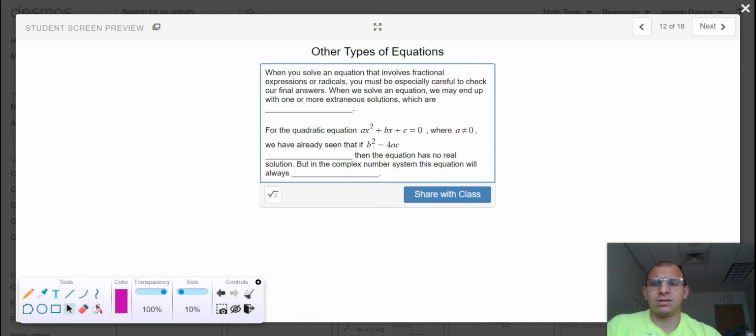Extraneous solutions are potential solutions that do not satisfy the original equation. You often see this with square roots, radical functions, and rational expressions, right?